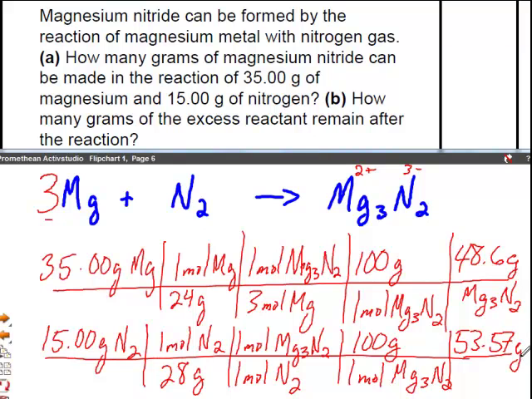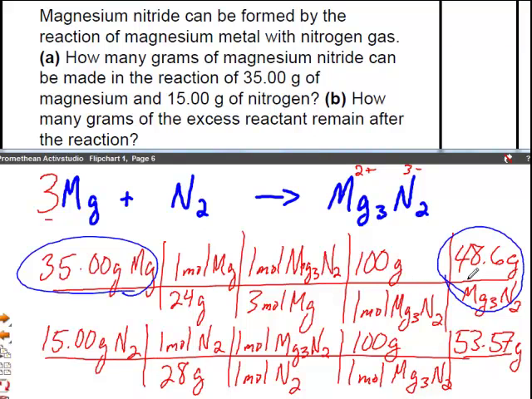So again, the limiting reactant is the one that produces the lesser amount of our product, and obviously 48.6 is smaller than 53.57, so the limiting reactant is going to be the 35 grams of magnesium. So that's how you do the first part of the question.